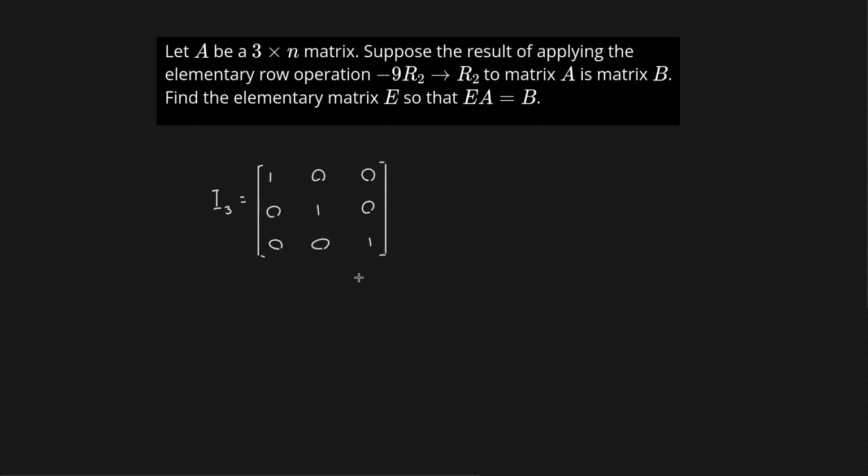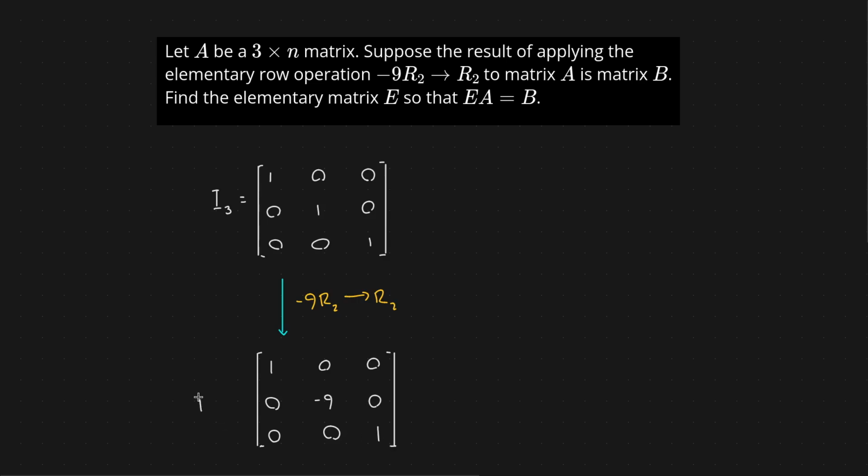If I apply the elementary row operation to the identity matrix, 9R2 is my new R2, then all I'm going to do is multiply row 2 by negative 9. And I get, so row 1 stays the same. Row 2 becomes 0, negative 9, 0. Row 3 becomes 0, 0, 1.